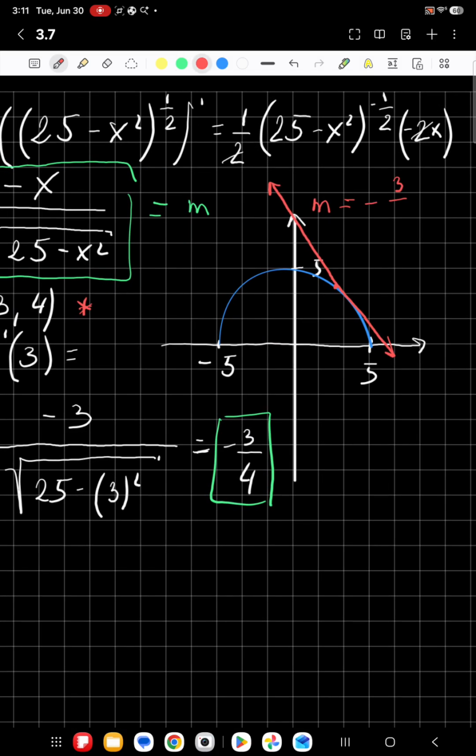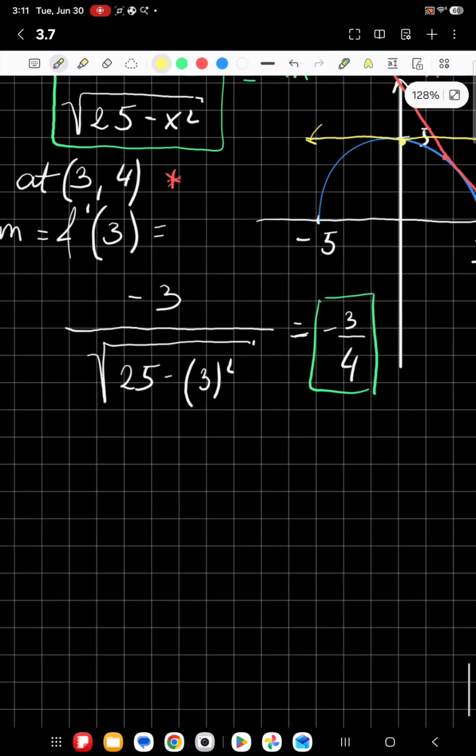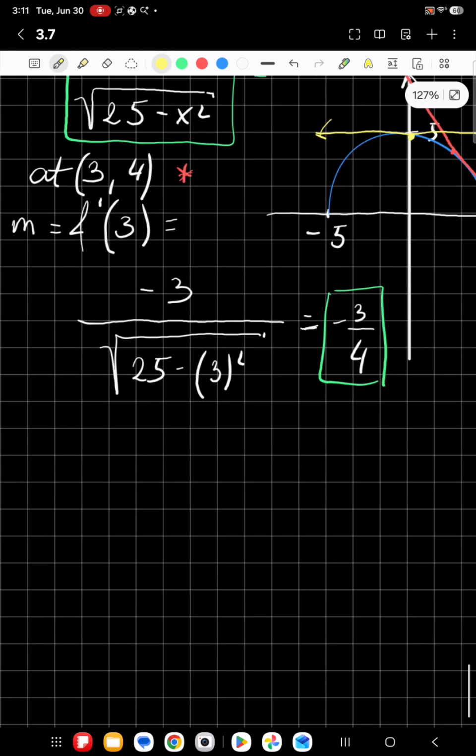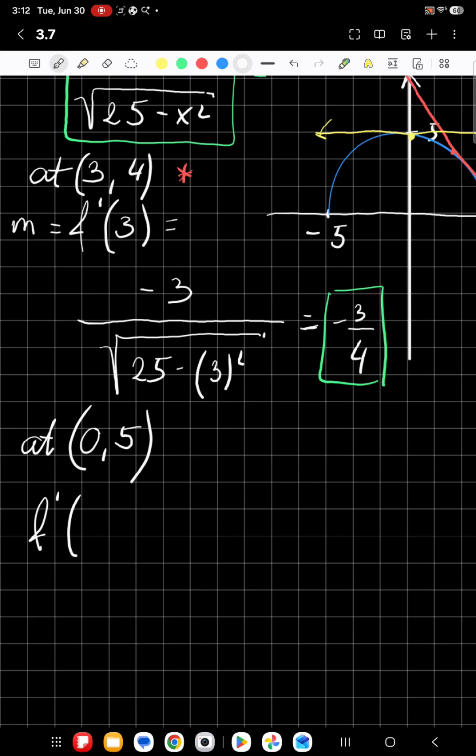Negative 3/4. Right, so the second one we need to evaluate at (0, 5). Okay, so that will be this line, and (0, 5) is right there. So the slope should be 0, right? So let's see. So at (0, 5), again I'm calculating f prime of 0.